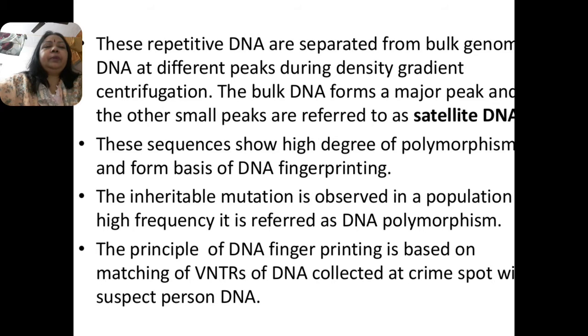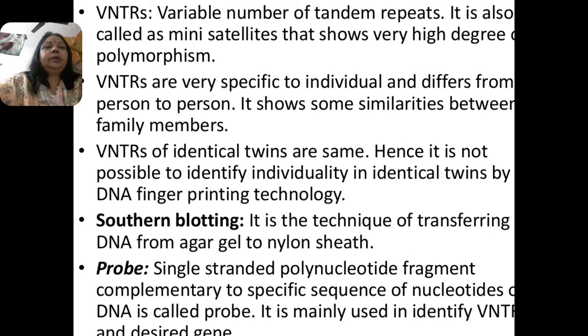The principle of DNA fingerprinting is based on matching the VNTR of DNA collected at the crime spot with the suspected person's DNA. Variable number tandem repeats, also called mini satellites, show a very high degree of polymorphism and are very specific to the individual, differing from person to person.